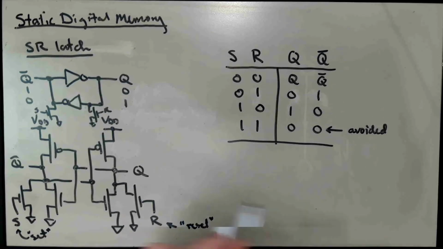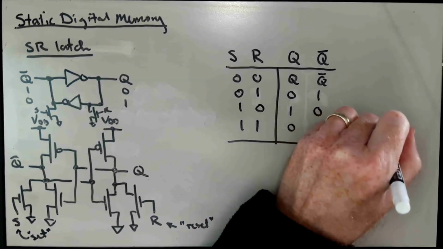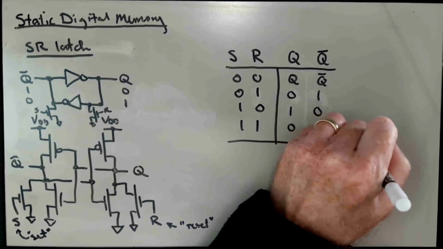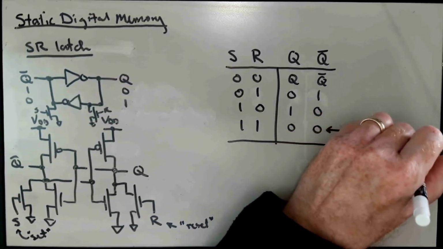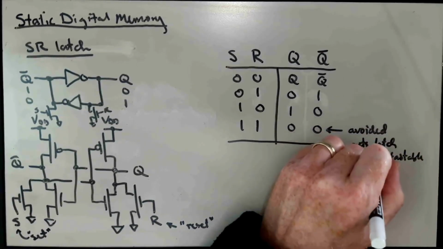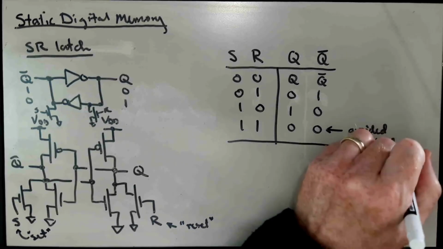So this basically puts the latch into the metastable state. And the result is unpredictable.